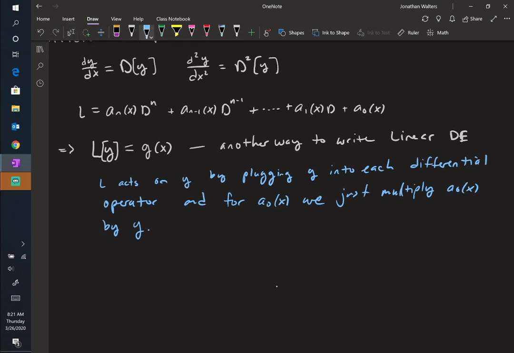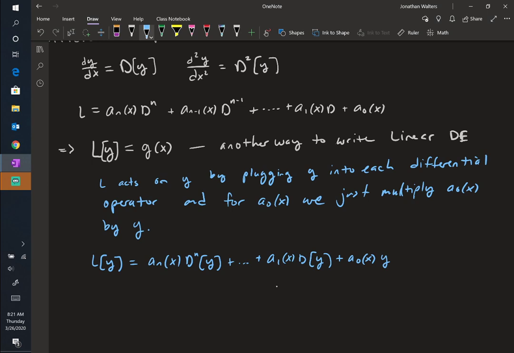So L of y would be equal to an of x times the nth derivative of y plus dot dot dot a1 of x times D of y, the first derivative, plus a0 of x times y. So that would be L acting on the function y.